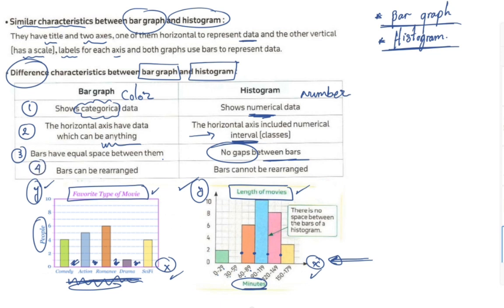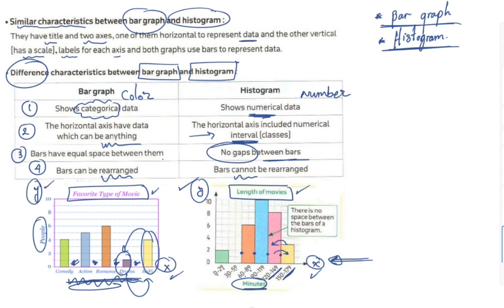Number four, bars in a bar graph can be rearranged, but histogram bars cannot be rearranged. That means I can move this bar and put it here and this one there, it's okay. But in a histogram I cannot move these, because we have an order here. I cannot put 150 before 149, it's wrong.